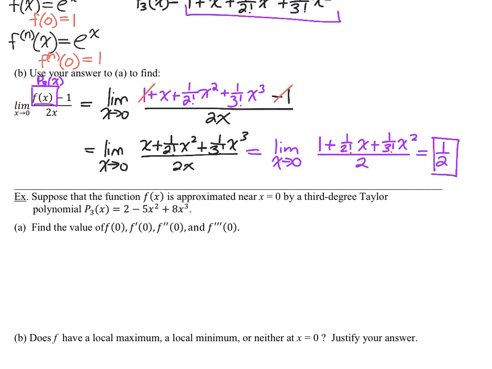So if I'm at 20, 50, 100, 100 million, I'm going to lose accuracy. So whatever I come up with as a limit, it may not be even in the same stratosphere as the correct answer. But around the central value of 0, it's going to be very accurate, a perfect match. And since we're approaching 0, that's how you can justify using this approach.